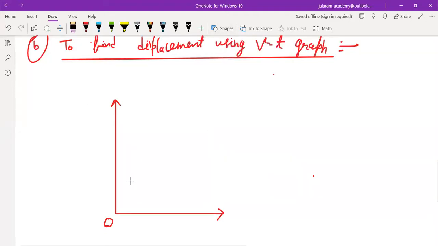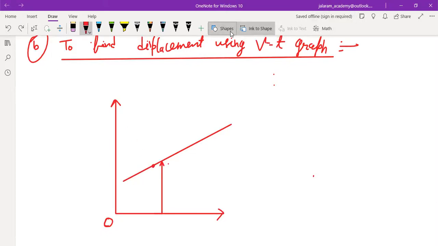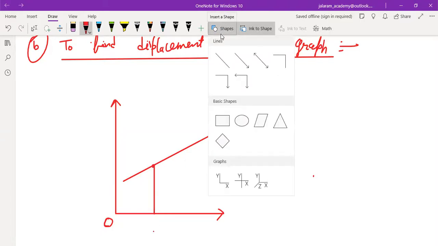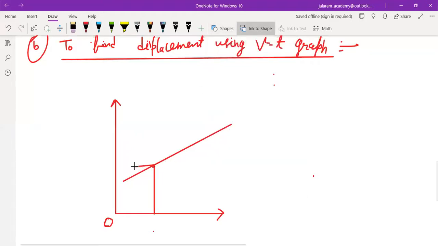So first of all, there will be a graph. And let's suppose that at time t1, the velocity is v1.